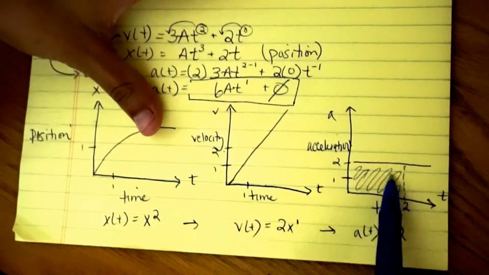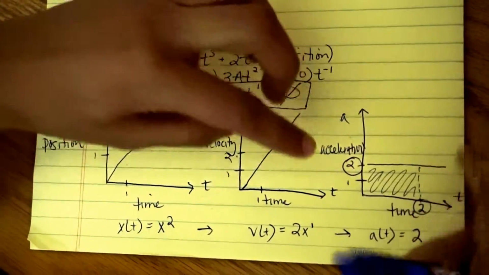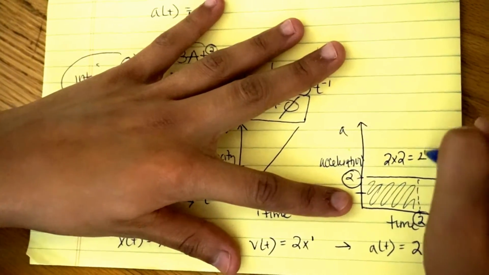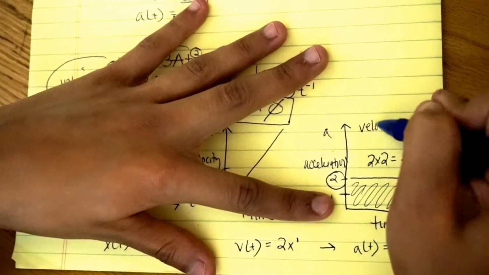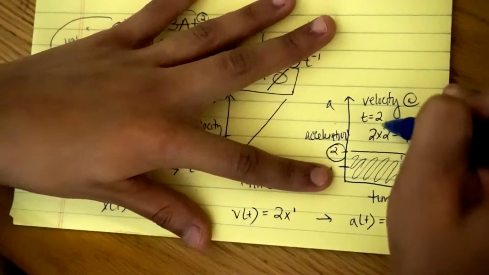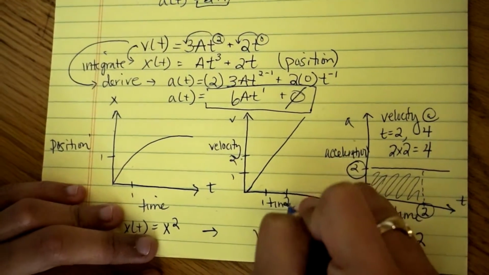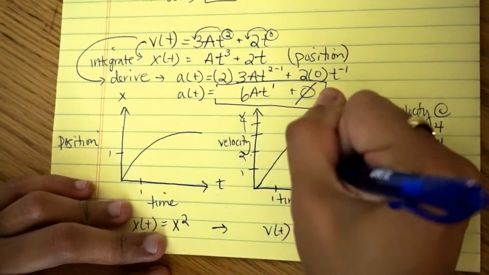So the area right here would be time 2 times 2, so 4. So my velocity at t equals 2 would be 4.